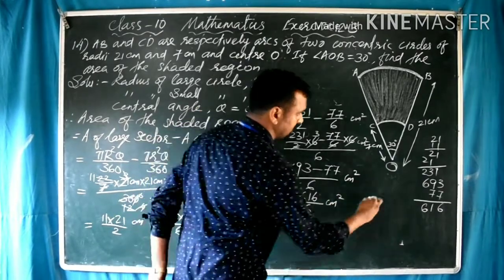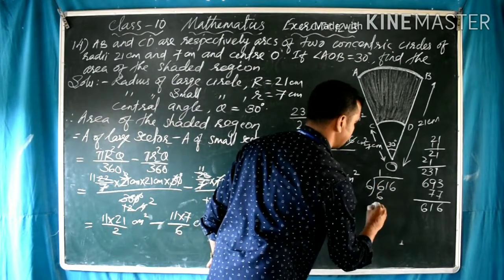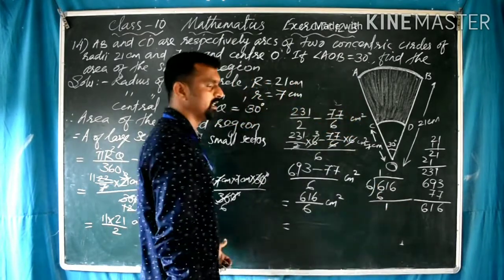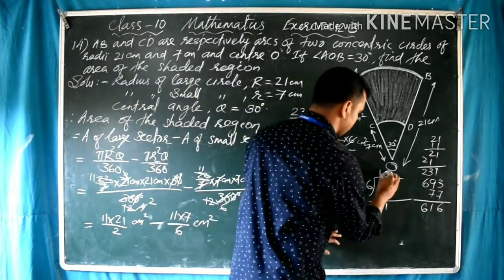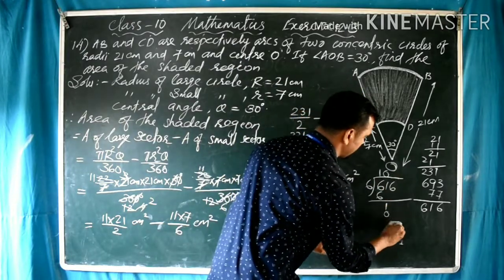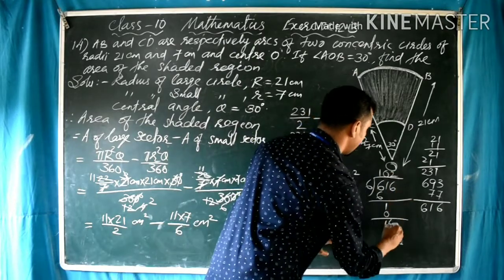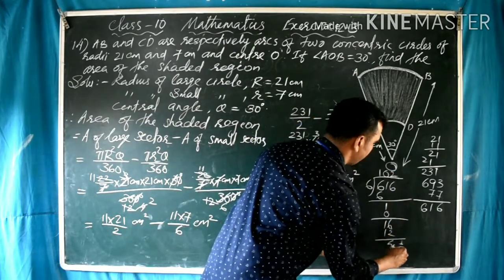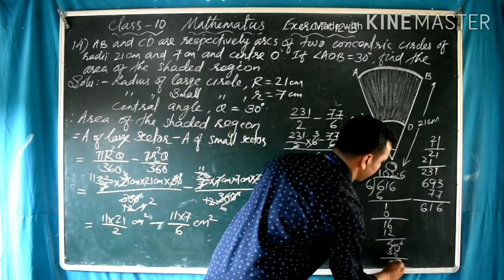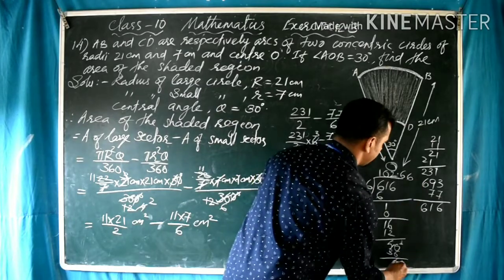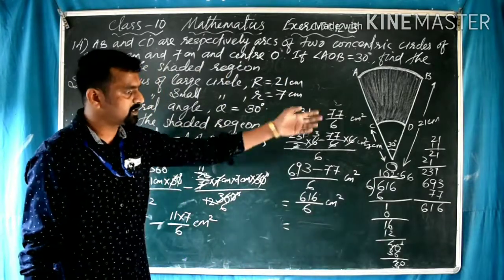Now divide it, we will get the answer. 616 divided by 6: 6 ones are 6, no remainder, bring down the next digit 1. 1 divided by 6 is not possible, so we put 0, remainder 1, bring down 6, 6 2s are 12, remainder 4, and the 6s will go on.